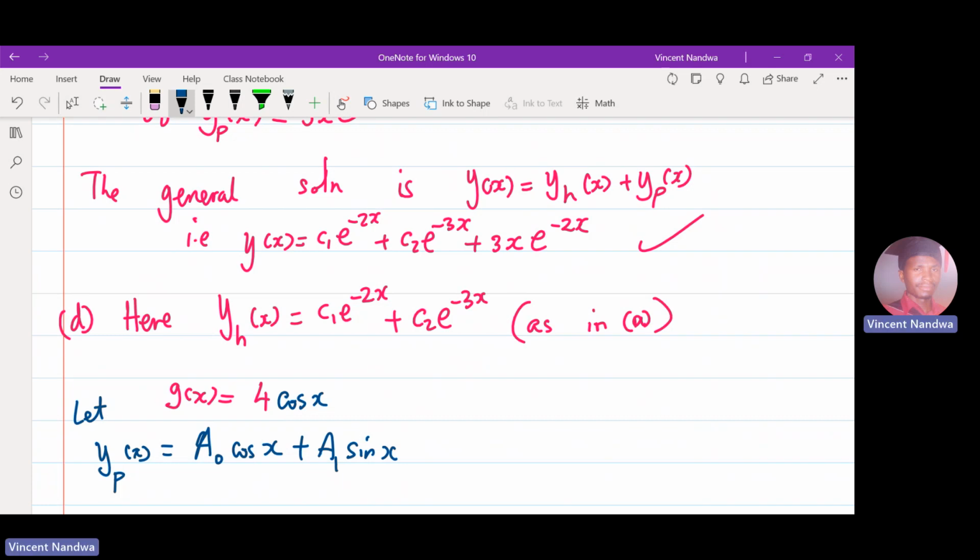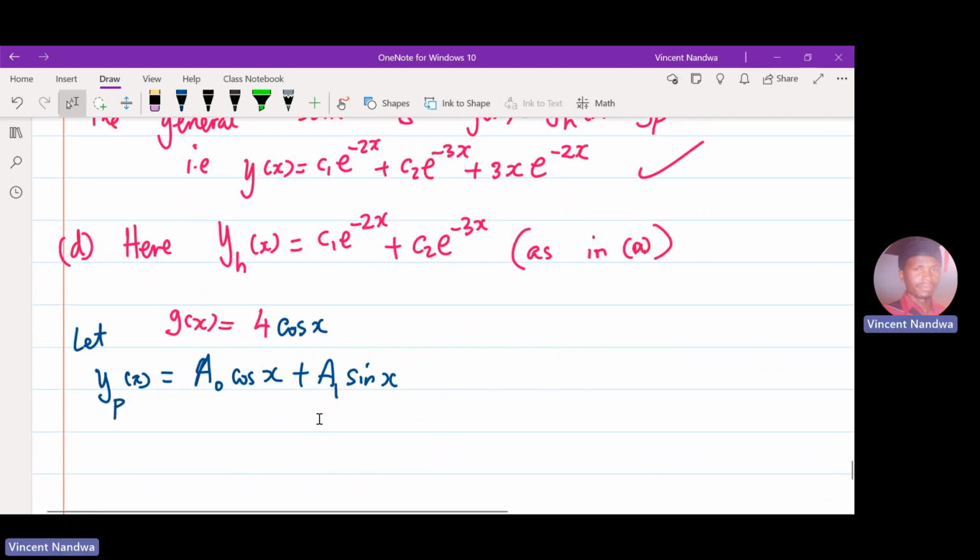Remember we said when the right-hand side involves cosine or sine or even a combination of both, when you are getting the YP, it should have the cosine part and at the same time the sine part. The reason is that in the process of carrying out the derivatives, you'll always meet cosine and sine on the way.